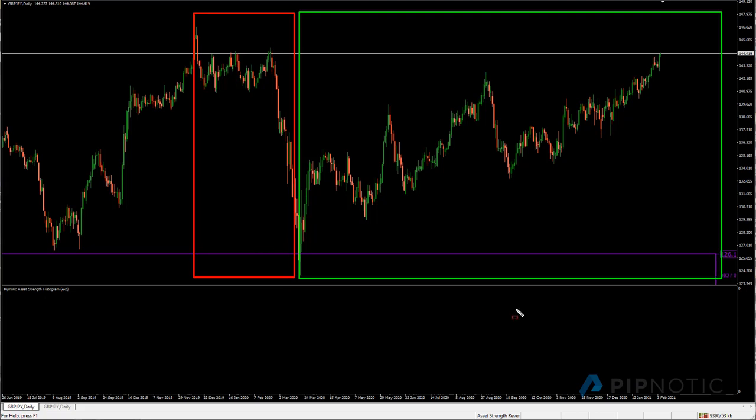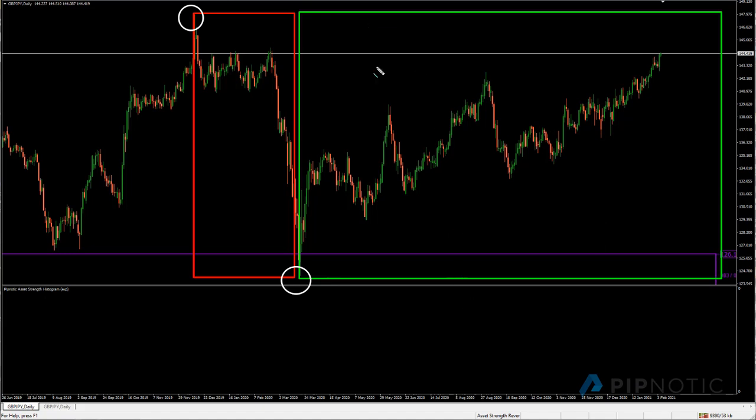Okay, so now you ask yourself, well, where do we buy and where do we sell? Well, that we can see by finding buy and sell zones. So from this high here to this low here, where do we have buy and sell zones? Where can we see the origins of strong moves?